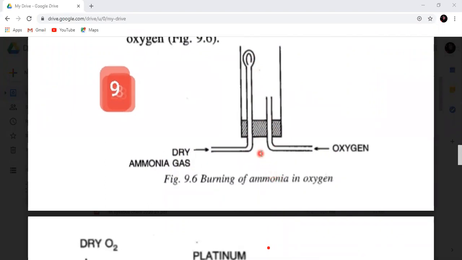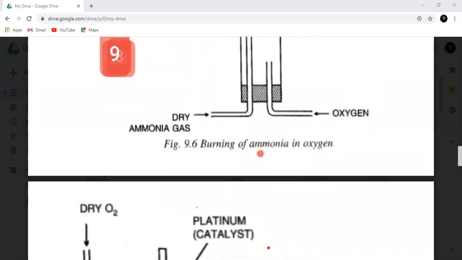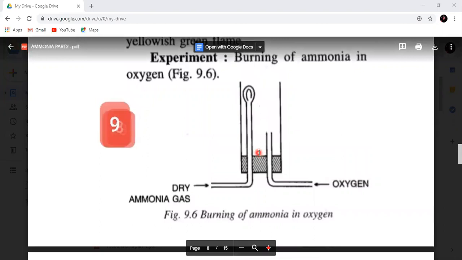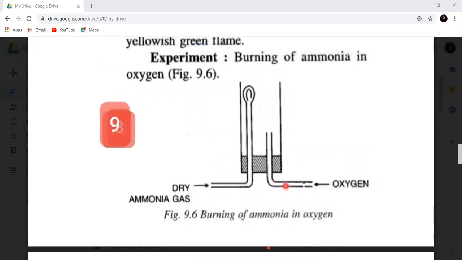When the procedure occurs, you will observe that when the ammonia comes in contact with the oxygen, it burns with a greenish yellow flame and produces water vapor and nitrogen. Means when the ammonia reacts with the oxygen, there will be a formation of nitrogen and water vapor.